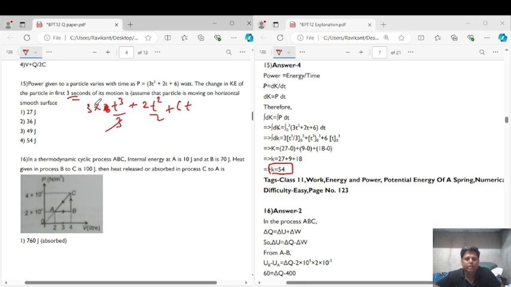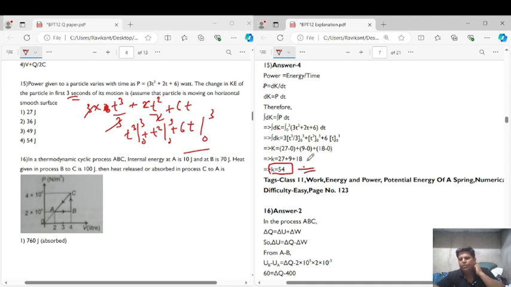Now this 3 and 3 cancel out, this 2 and 2 cancel out. So what we are left with is t³ + t² + 6t. We put the limit from 0 to 3 and calculate, and we get the final kinetic energy as 54 joules.